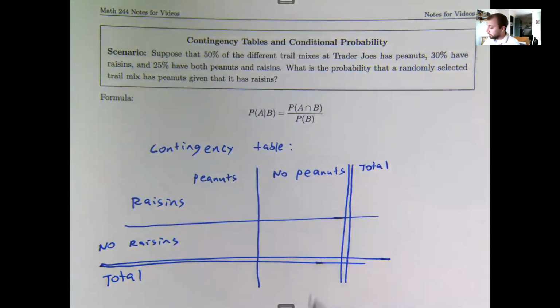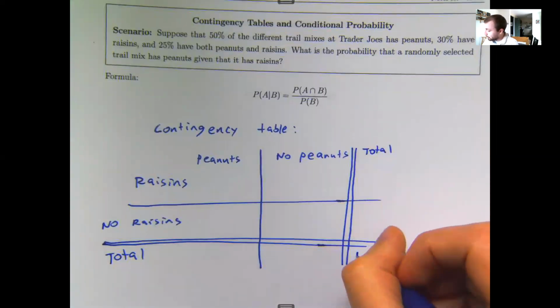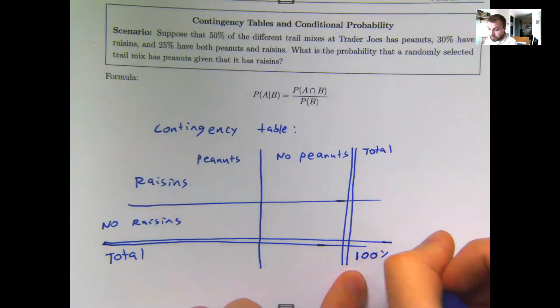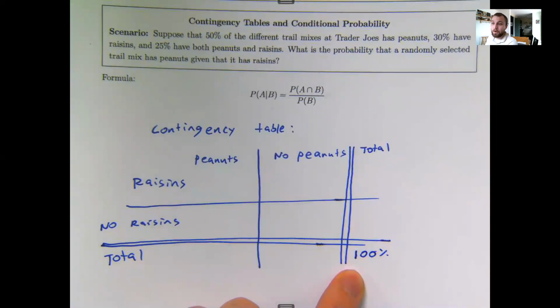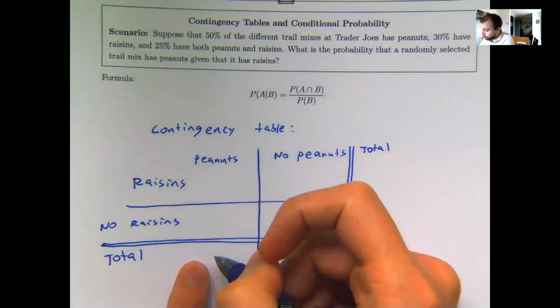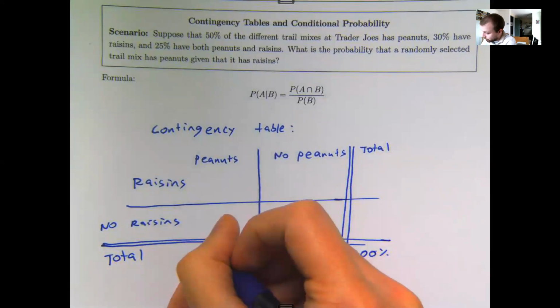If I add everything together correctly, my grand total in the corner here should be 100%, or whatever my total number is. 50% of the trail mixes have peanuts, so the total for peanuts down here in the corner is 50%.